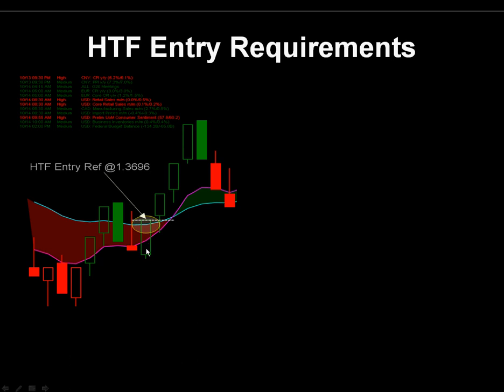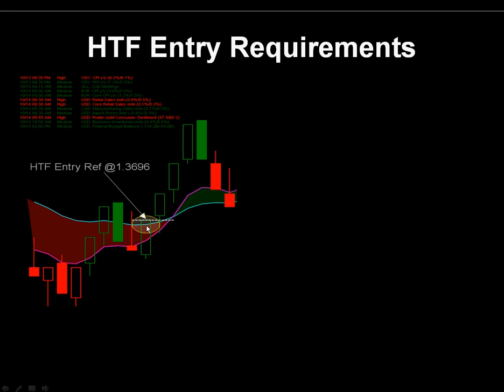So when we have both moving averages heading the same direction for this long opportunity, we have the fast magenta rising, and then the aqua seems a little bit rising, but at least not falling against our intended direction. So we have both moving averages heading the same direction.